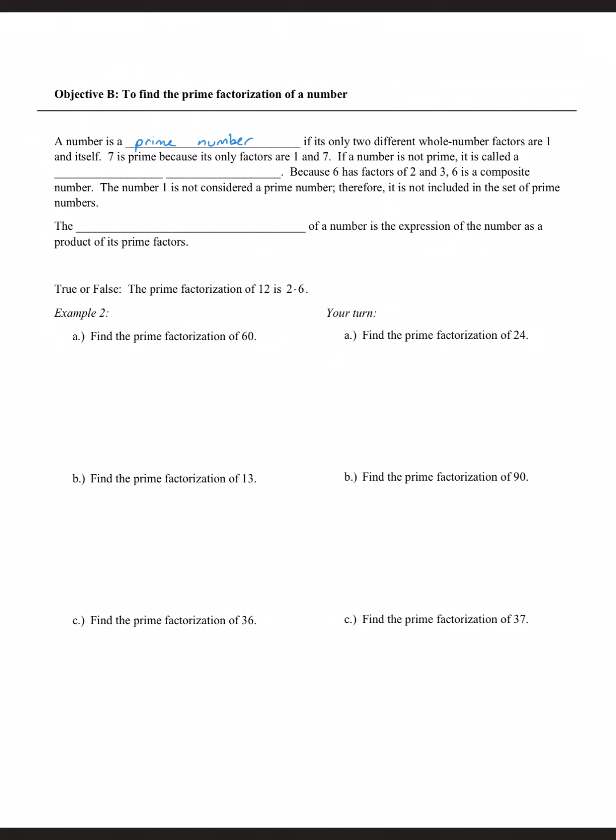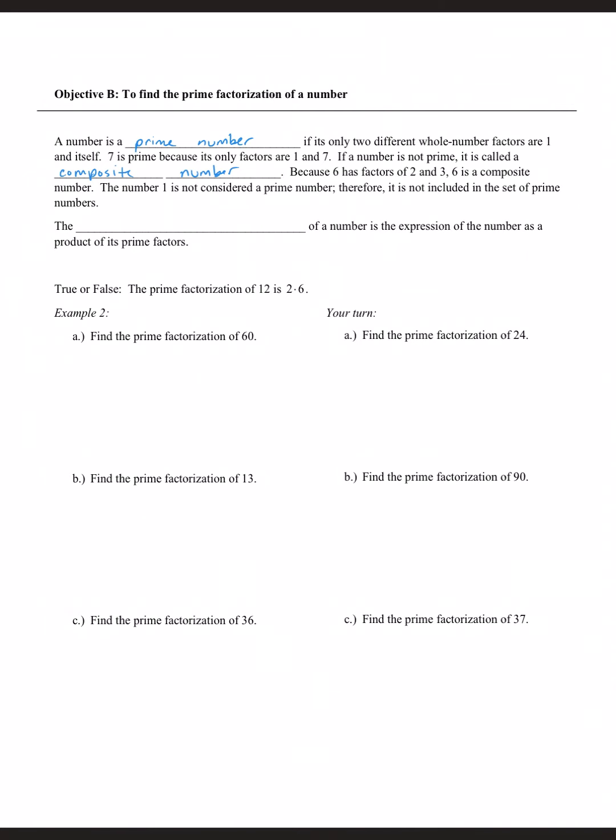If a number is not prime, it is called a composite number. Because 6 has factors of 2 and 3, 6 is a composite number. The number 1 is not considered a prime number, therefore it's not included in the set of prime numbers.